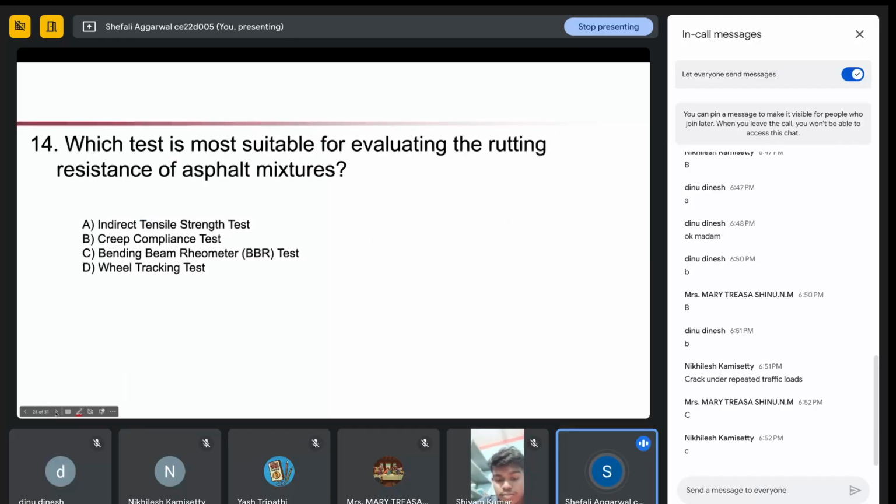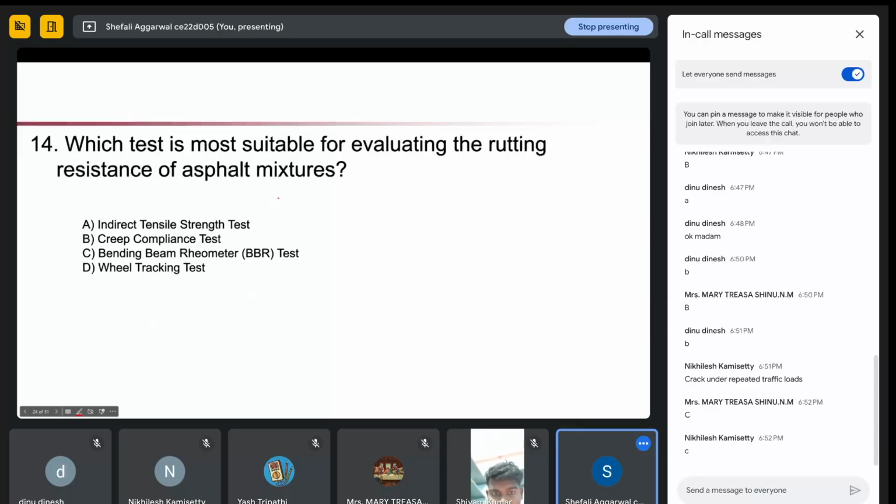So the next question is, which test is most suitable for evaluating the rutting resistance of asphalt mixes? Indirect tensile strength test, creep compliance test, bending beam rheometer test, or wheel tracking test? I don't think you have studied all these types of tests.